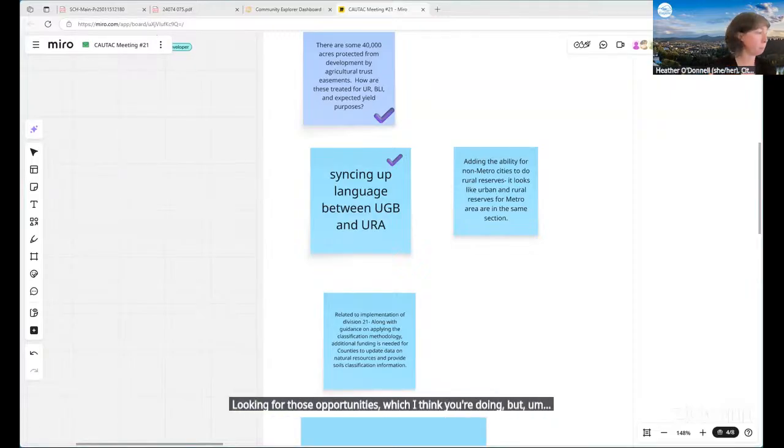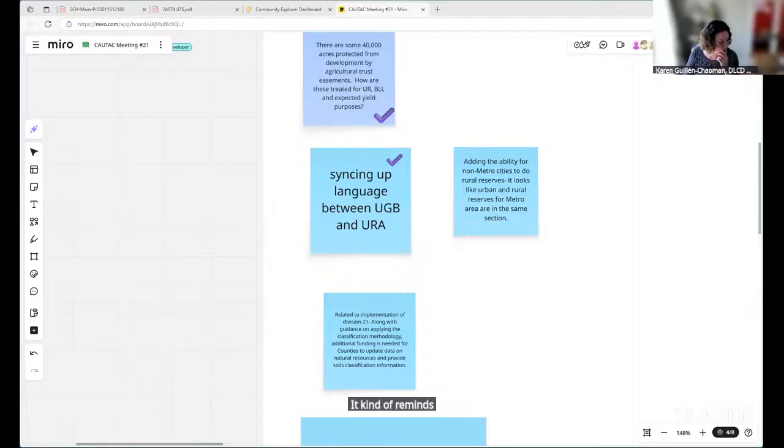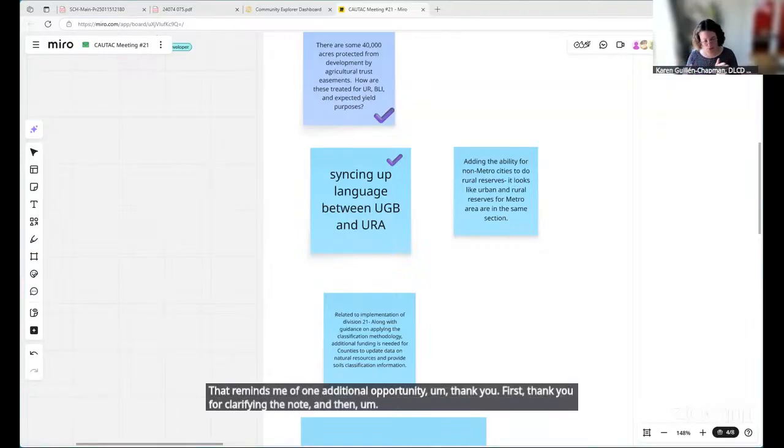And that reminds me of one additional opportunity. First, thank you for clarifying the note, and knowing that there's an iterative process of bringing the two divisions together, yes, you will see the rules for those together. But it brings up another point.